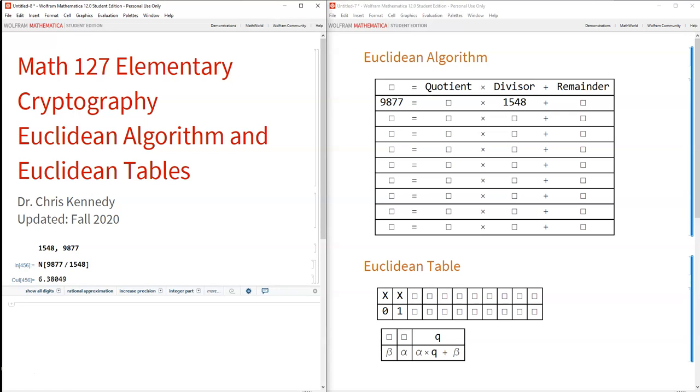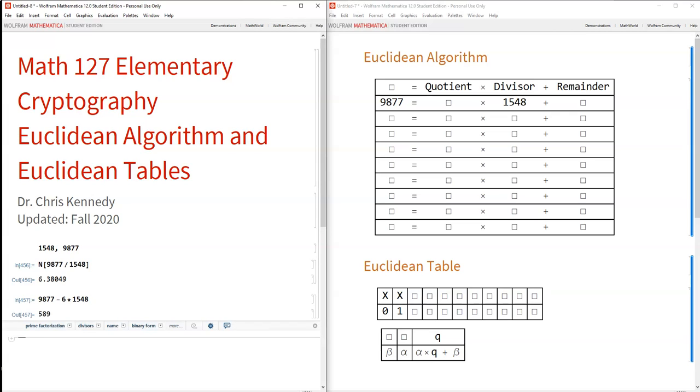To find the remainder, we're going to subtract 6 times our divisor to get a remainder of 589. I'll enter that into this table to keep a nice record. So we have a quotient of 6 and a remainder of 589.